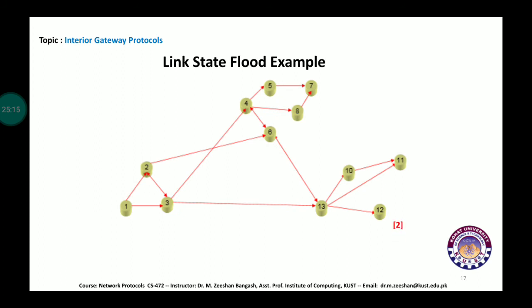So this is the complete flooding: the information about node 1 and its link information towards 2 and 3 and the cost details has been flooded to the complete network. Similarly, the other nodes will perform this flooding operation in order to share the topology with the whole network. When this link state algorithm ends, every node will know the complete topology of the entire network.